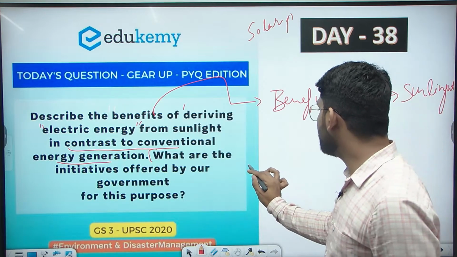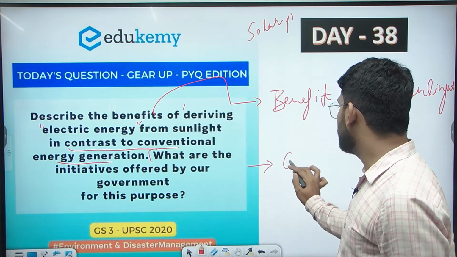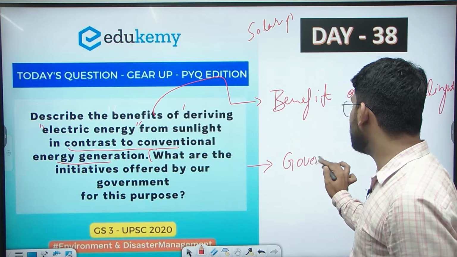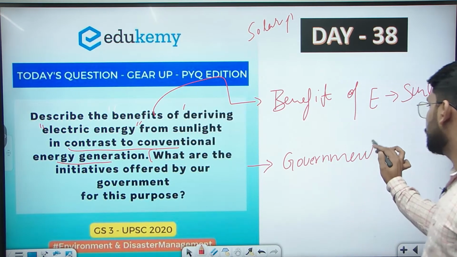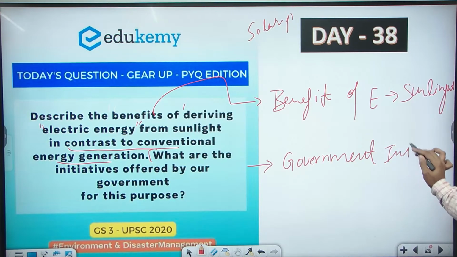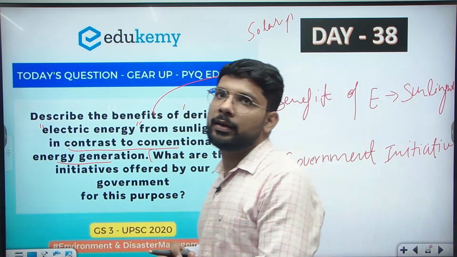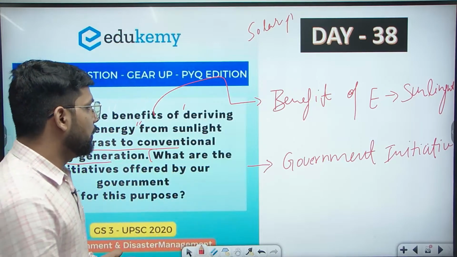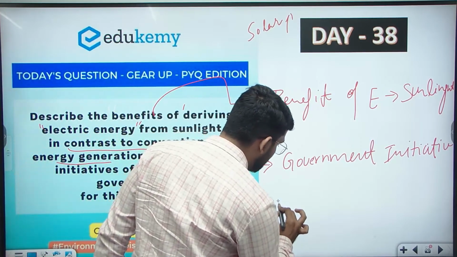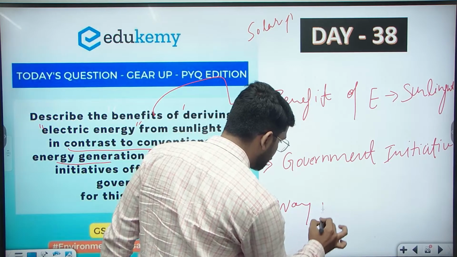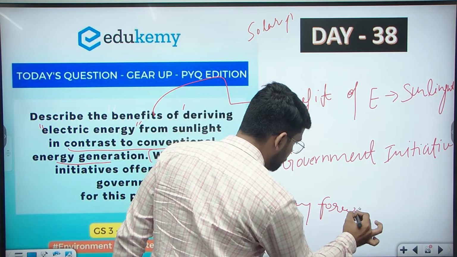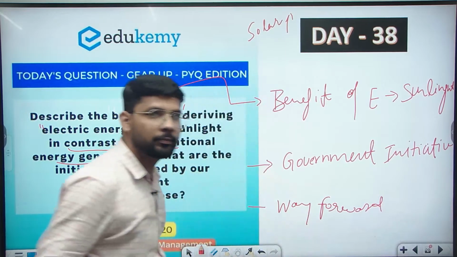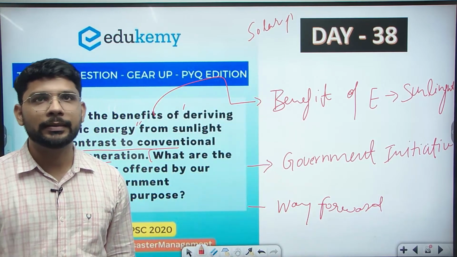And the second demand is: what are the major government initiatives related to solar energy in the country? So these are the two main core demands of the question. And finally, we will suggest some way forward related to solar energy.